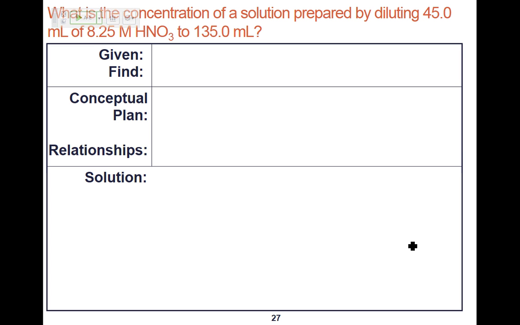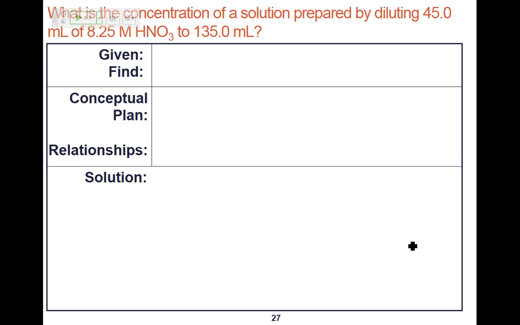I now have the same amount of moles, but I have a different amount of volume. So I need to calculate that. The hardest thing for most students is assigning M1V1, M2V2. Because if you get that mixed up, then you're going to get the answer wrong. So make sure you're paying a lot of attention to what the question is saying.